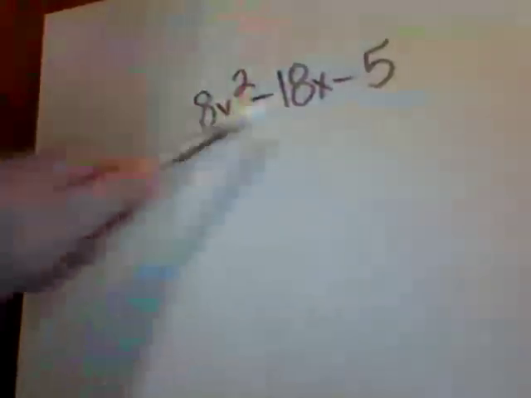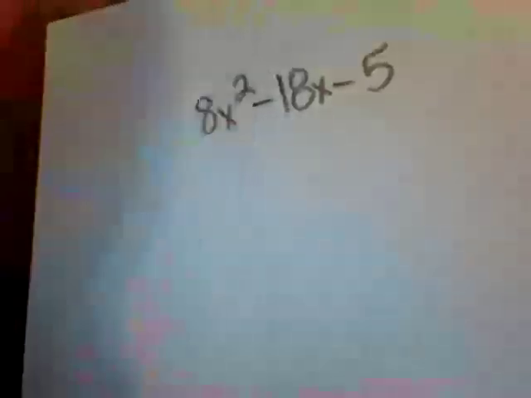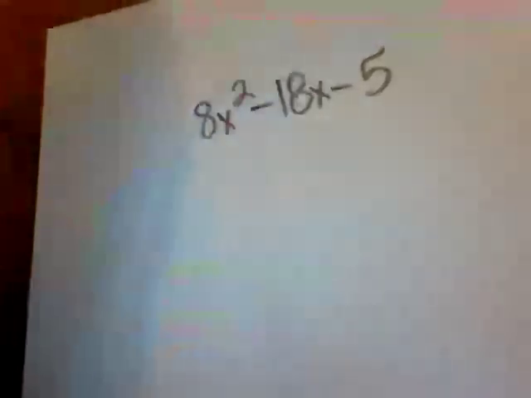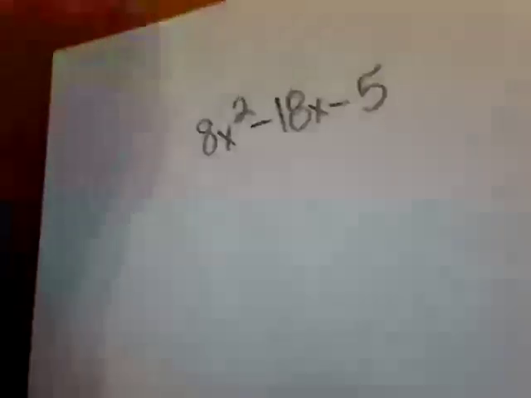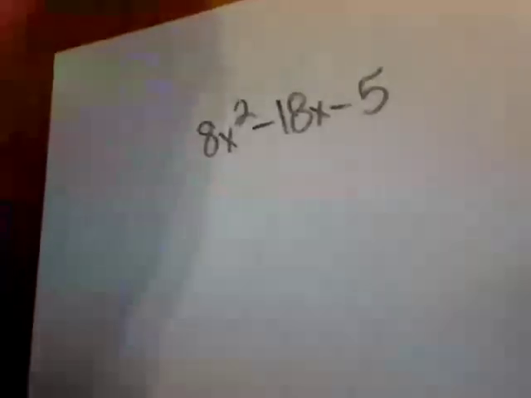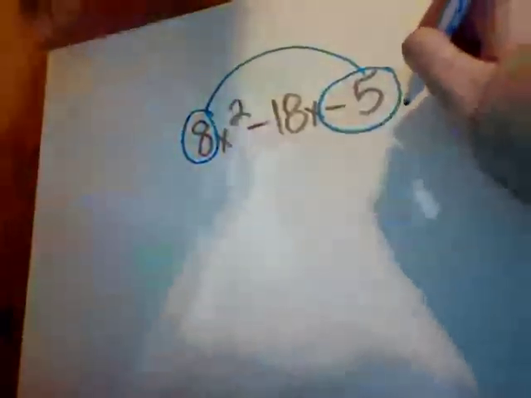Again, we cannot just factor out the 8. That's always the first thing that we want to check for, but neither of these numbers are divisible by 8, so that's not going to work here. So we're going to take the 8 and multiply it by the negative 5. So 8 times negative 5 gives me negative 40.